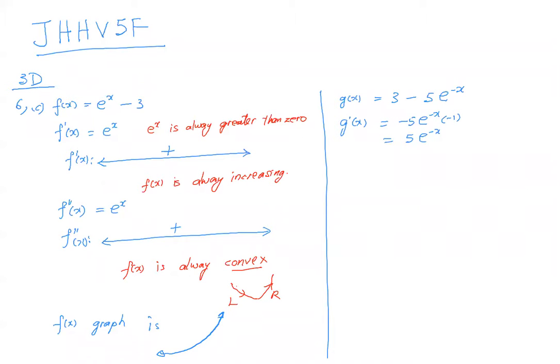So same story as f prime x. g prime x will never be 0. So there is no stationary point and it is always positive. So this also implies that gx is always increasing.